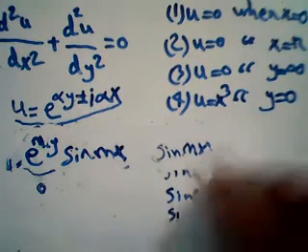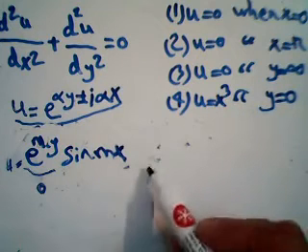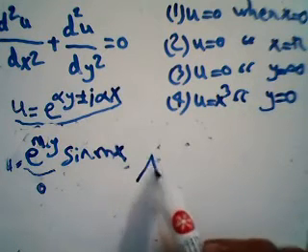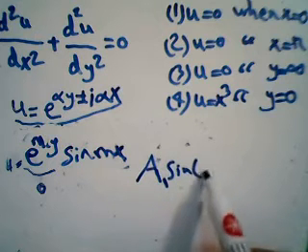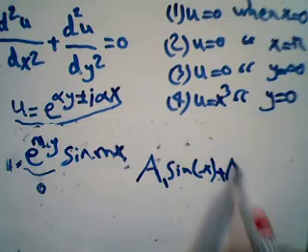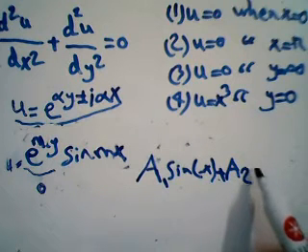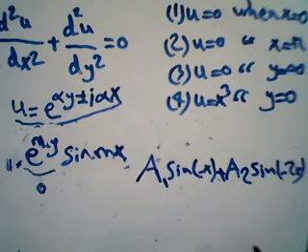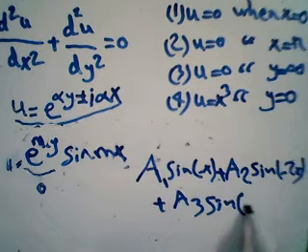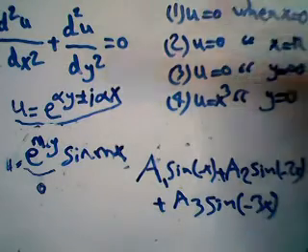For instance, let's say this is a linear combination of a1 sine of minus x plus a2 sine minus 2x plus a3 sine minus 3x, where a1, a2, a3 are constants. This should satisfy this relation.